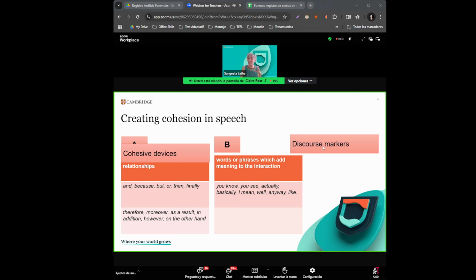Whereas at bands 3 and 5, we would expect to see more sophisticated cohesive devices like as a result, on the other hand, however. And then group B is discourse markers. These are words which add extra meaning to a conversation. Words like actually, or you know, or well. So these are discourse markers.